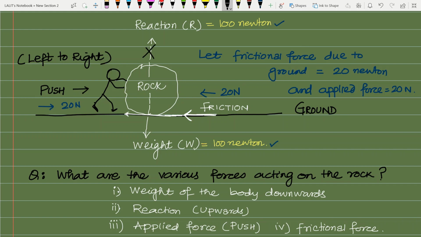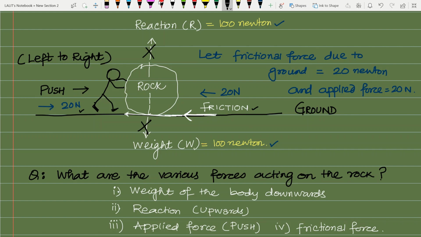The applied force by the person is 20 Newton, and the friction is also 20 Newton. So these two forces are also equal and opposite. So under this condition, the net force acting on the rock becomes equal to 0.